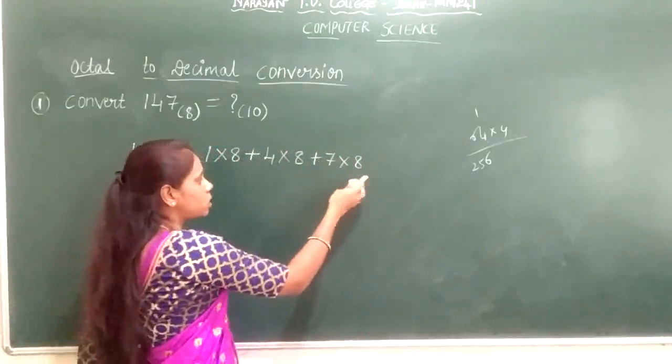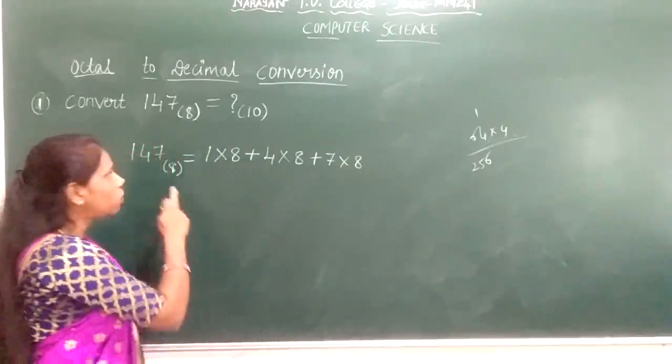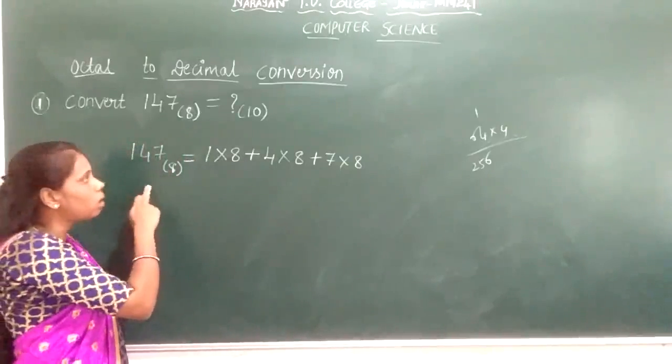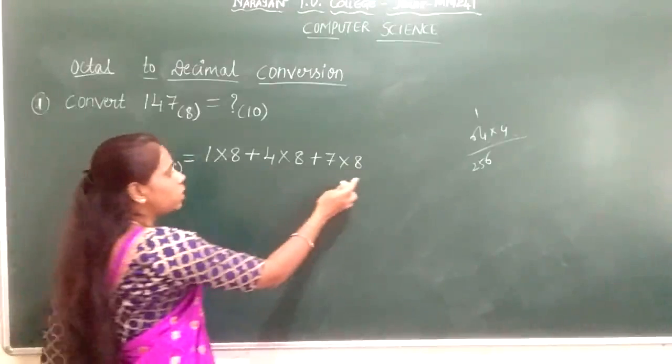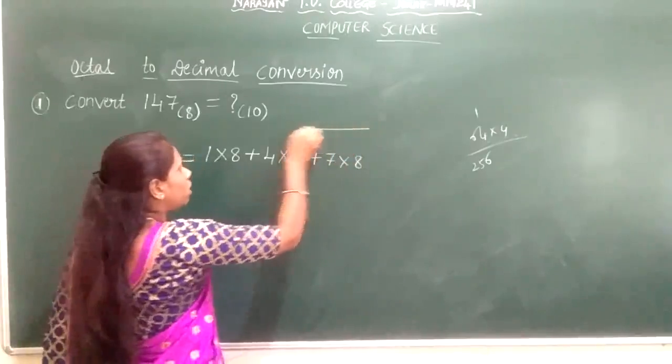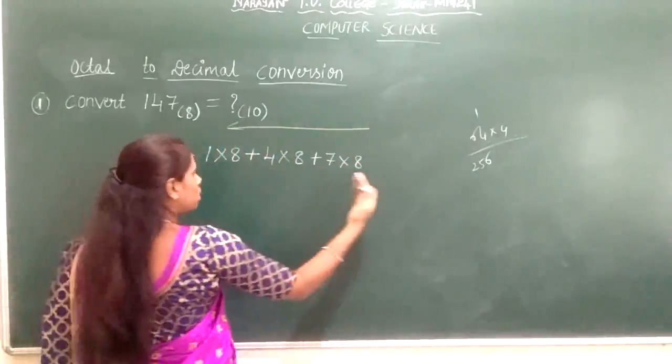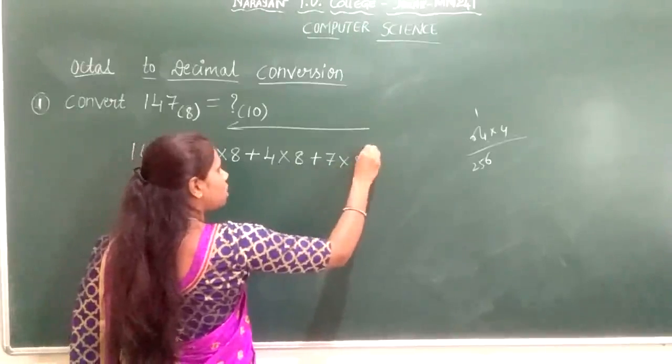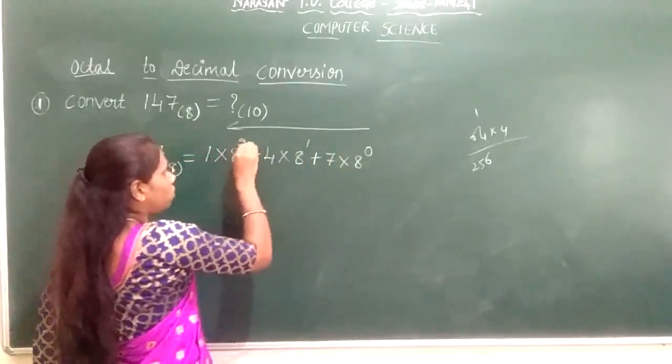Now write the positional values. Because you don't have any decimal point here, you have only the integer part, hence you need to start the positional values. Powers you should write from right to left, that is 0, 1, 2.